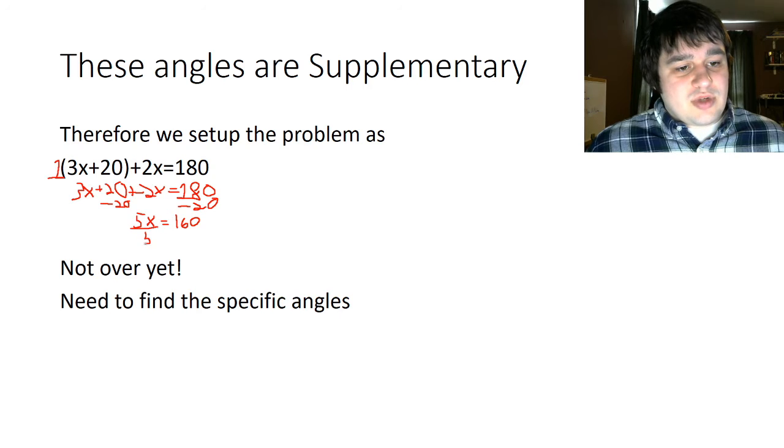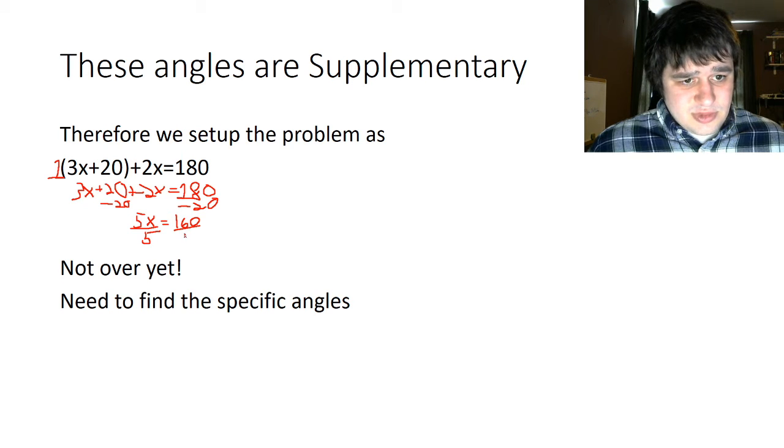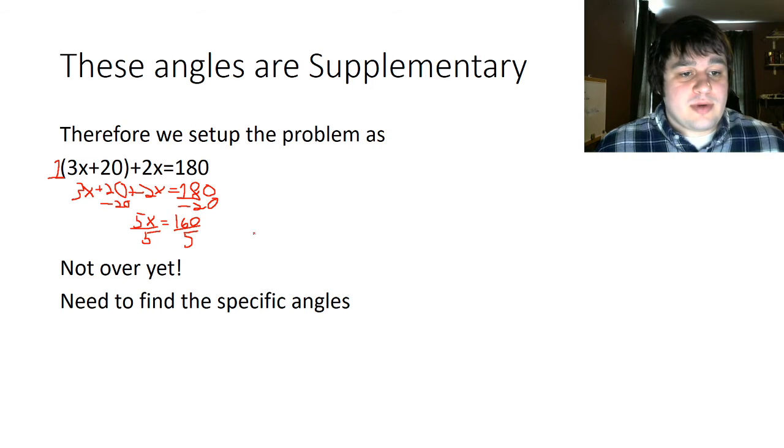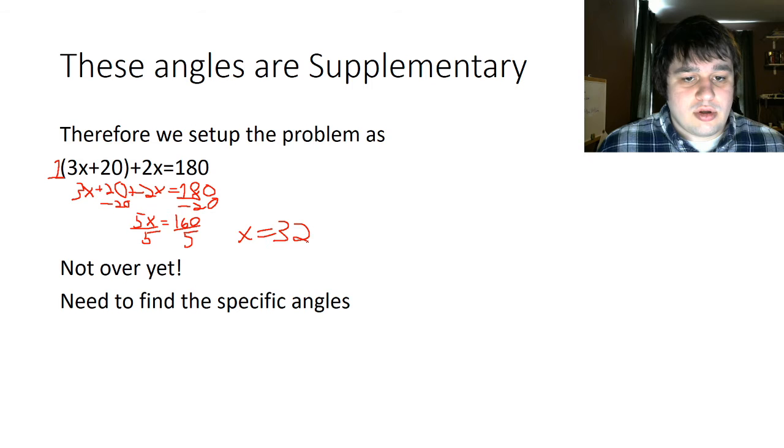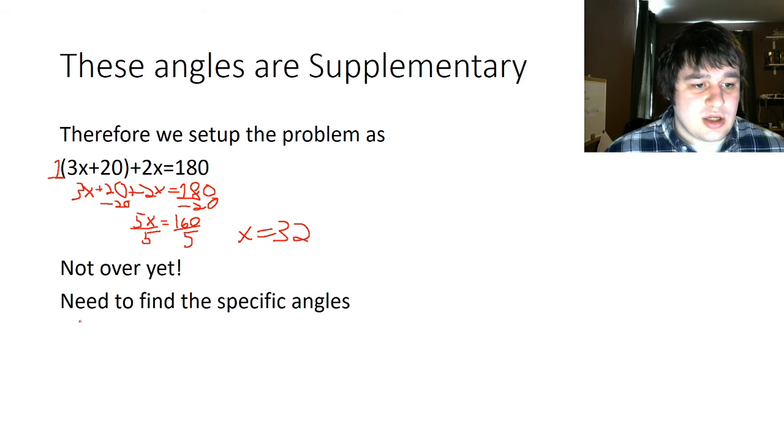To get x, we need x by itself because we need to solve for that. So 160 divided by 5 is 32. So now we know what x equals. We need to find the specific angles.